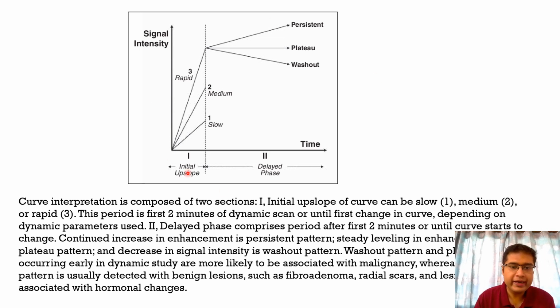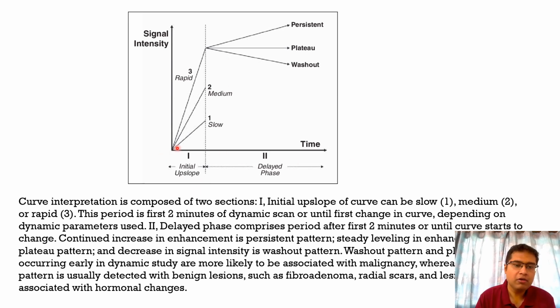So this is the kinetic curve in case of breast MR. And the curve interpretation is composed of two important sections, that is the initial upslope and the delayed phase. The initial upslope is the first 2 minutes, or when the curve starts to change its shape. After that, the delayed phase starts.